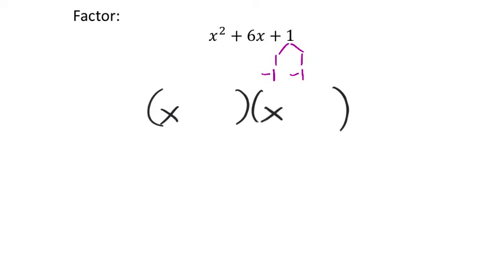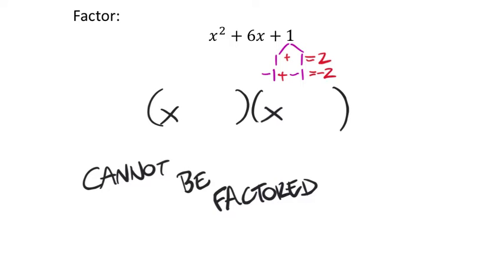Now, the unique thing about these is if I add 1 and 1, I get 2. If I add negative 1 and negative 1, I get negative 2. I can't add anything up right here to get 6. So this one we just say it cannot be factored. Yep, cannot be factored for this one, and we'll underline it for dramatic effect too.